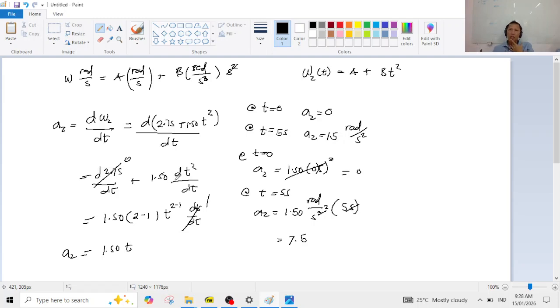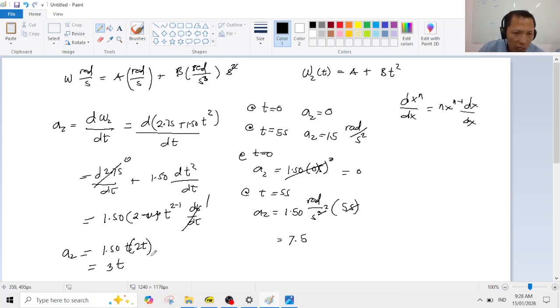So the derivative of t squared is 2t, and that would be equal to 3t.